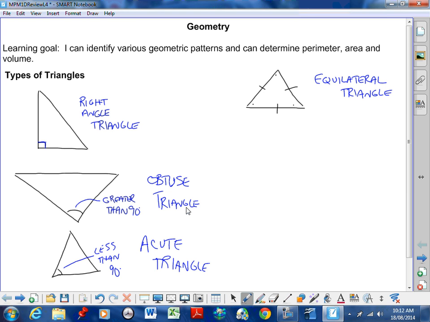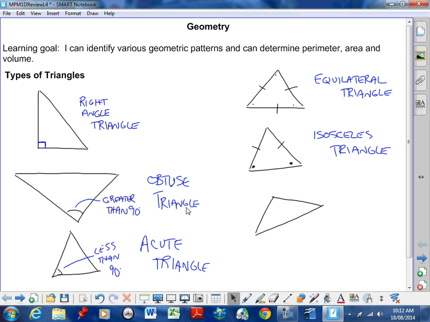If we have a triangle that has only two sides the same length, or two angles the same, we call this our isosceles triangle. And if we have one that has different lengths and different angles, we call that scalene. All right.